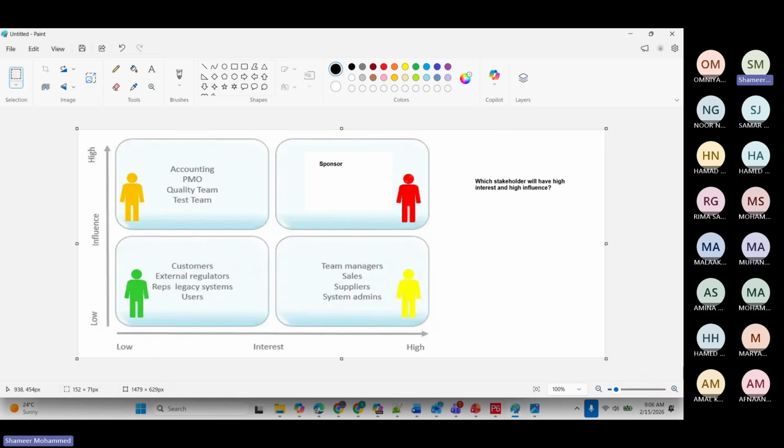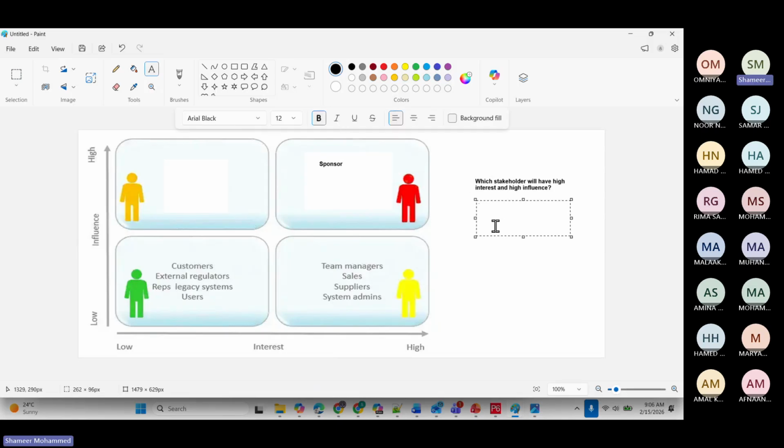For example, another question. Which stakeholder will have a high influence but low interest in the project?